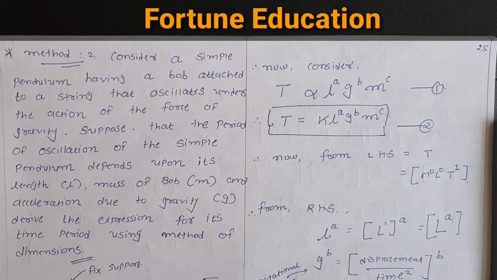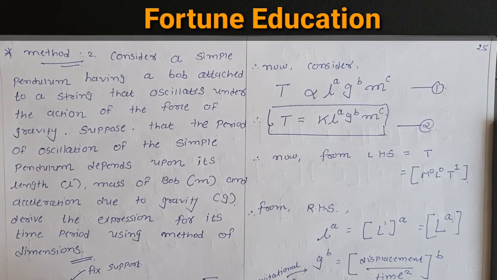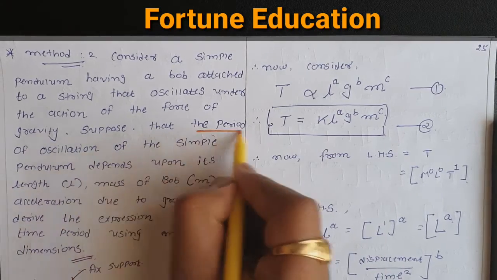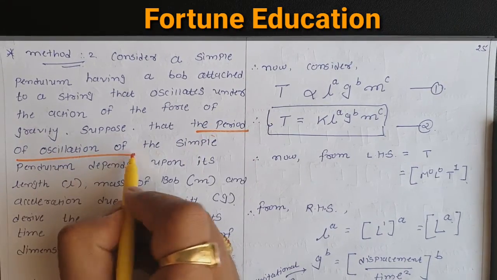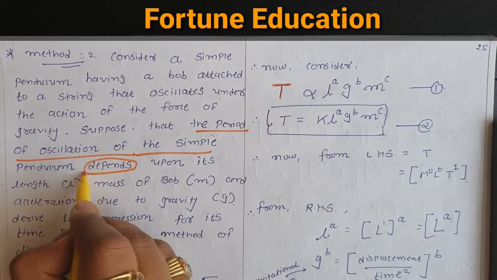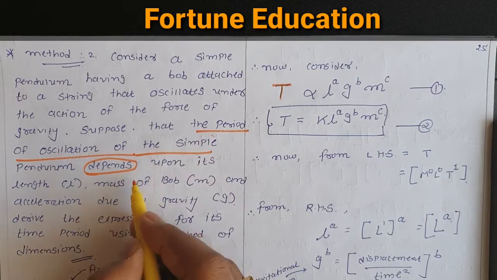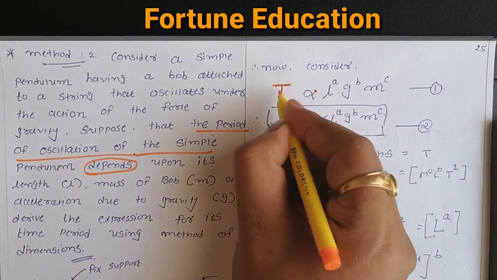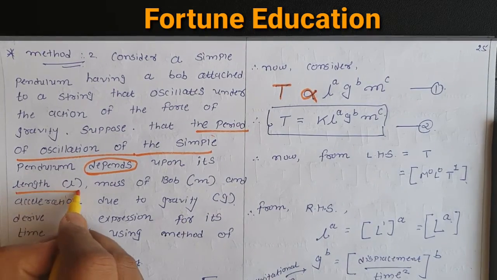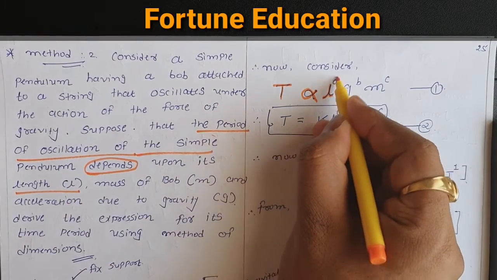Now what is this in this case? Just remember the period of oscillation is T. We can write that the time period depends, proportionally, on the length, L to the power a.